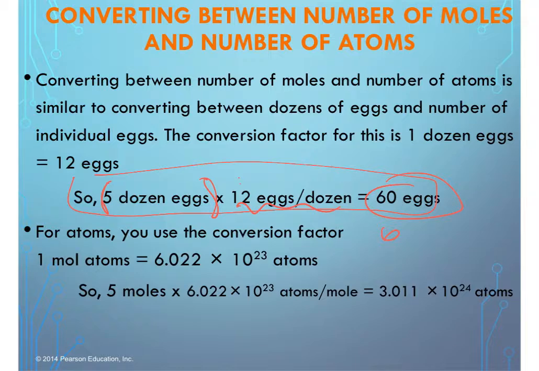It's that simple for mole conversions too, okay? So again, if 1 mole is 6.02 times 10 to the 23rd atoms or molecules, and I asked you how many atoms or molecules were in 5 moles, it's the same type of process.